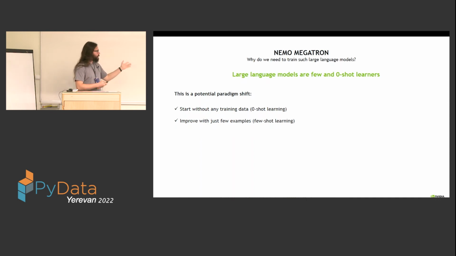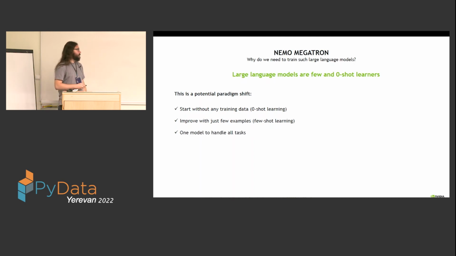Of course, you can improve it with a few examples. Then it will be few shot learning. And also, it's one model to handle all tasks. You can train or even hard code a few heads for this one model and just run inference and have a full stack of your NLP capabilities with this.